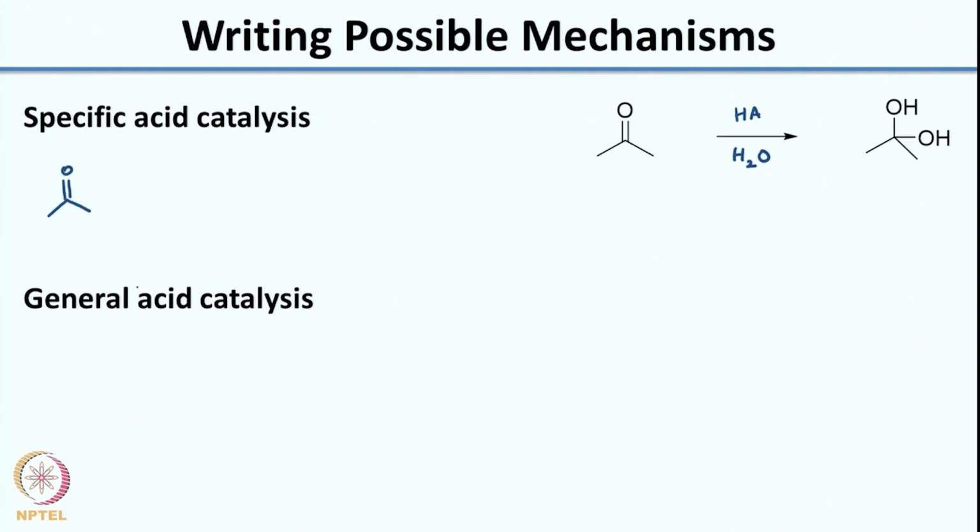Remember, in a specific acid catalysis, the proton transfer occurs quickly before the rate determining step. So, let us say the proton transfer is now occurring quickly from the protonated solvent, which is H3O plus, and this is your O. So, let us say, and this will occur fast or slow? It will be fast, because we are looking at specific acid catalysis.